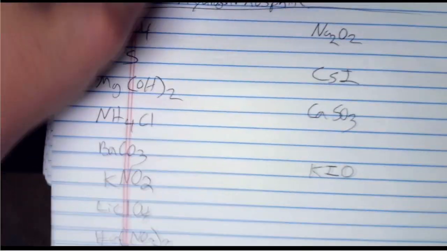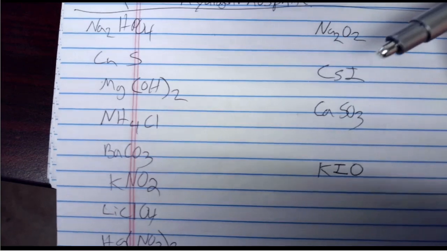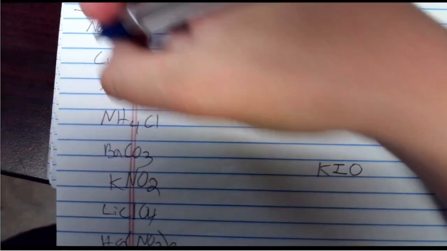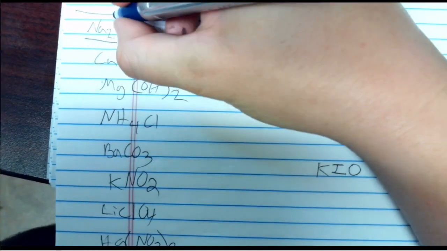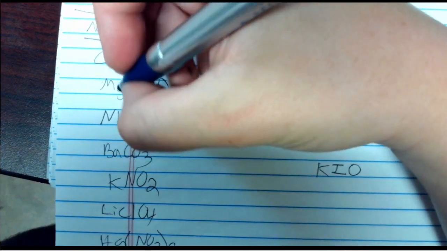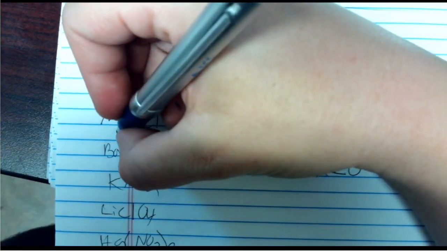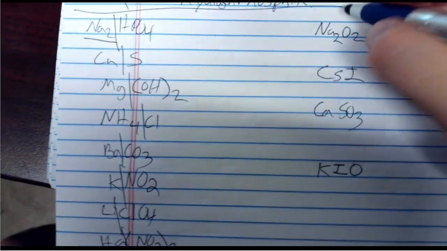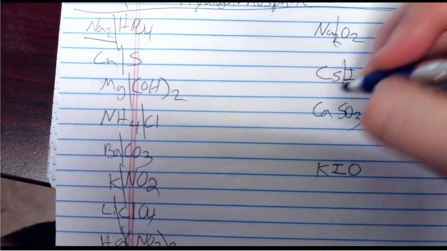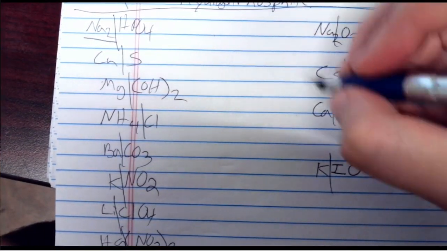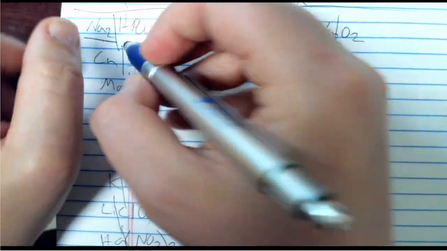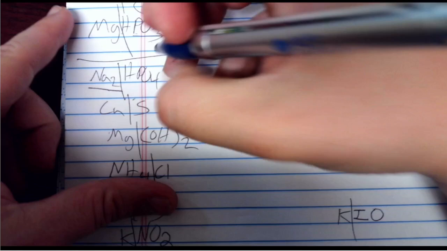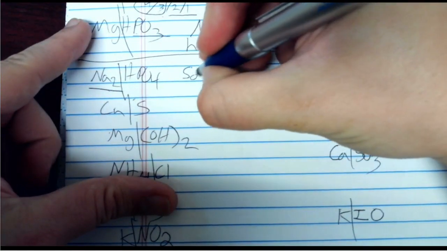Okay, let's look at some of these, turning them into names. Some more practice. So, split these guys up. Just a reminder, the whole shebang. Sodium is not really anything special, so it's just sodium.